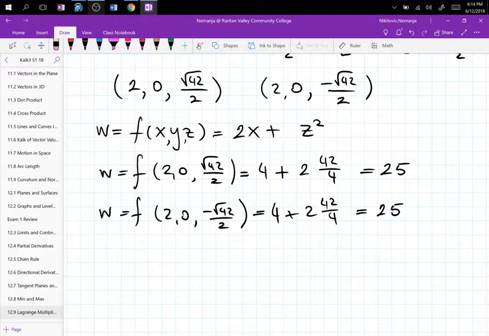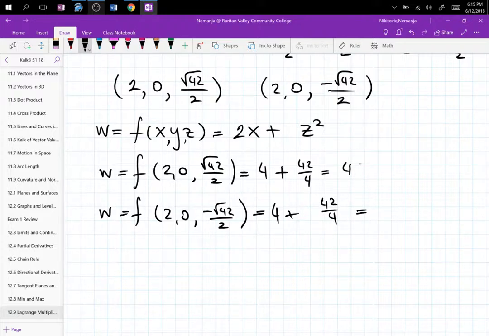All right. Well, that's going to change stuff a little bit. So 42 over 4, that's 21 over 2 plus 8 is 29 over 2.